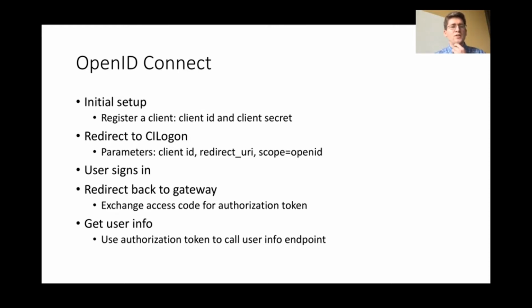The first step is a one-time step. There's an initial setup where you register a client. You register your Science Gateway web portal with CILogon. The main thing you get back from that is a client ID, which is a public piece of information, and then you get a client secret, which is a private piece of information that you wouldn't want to leak out.